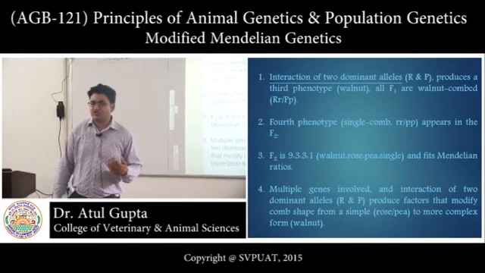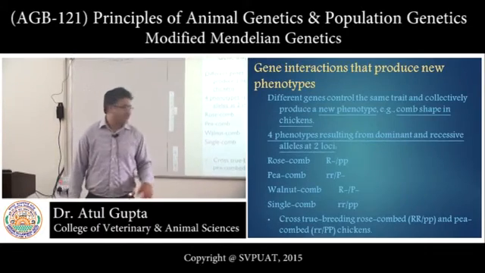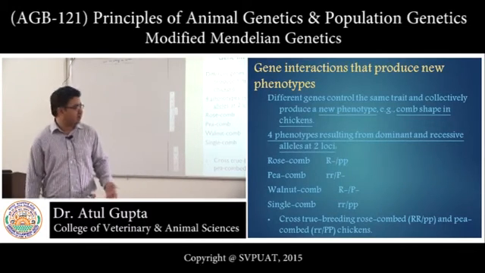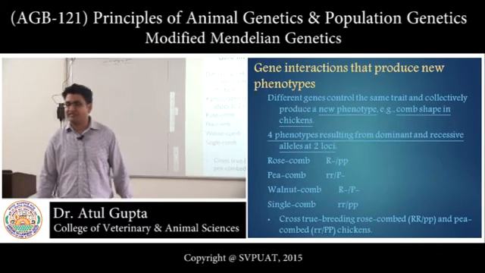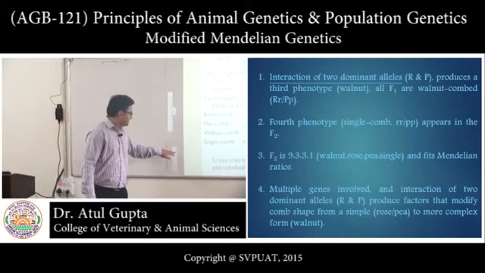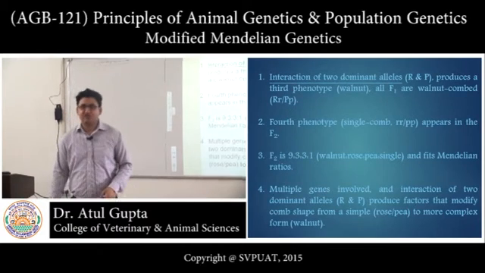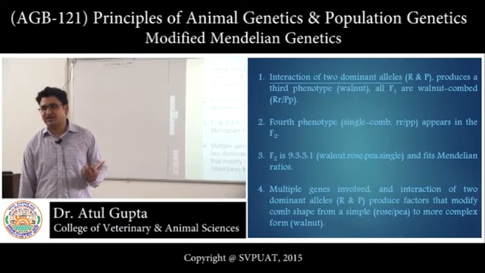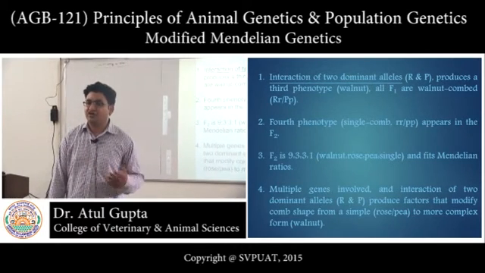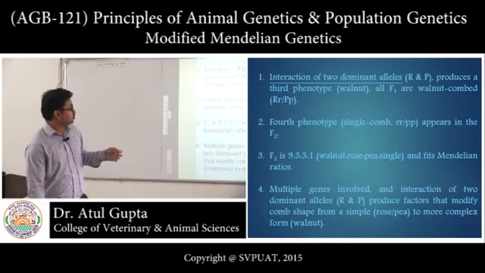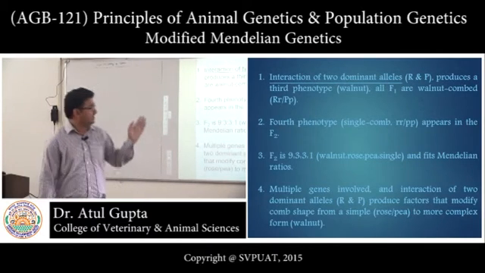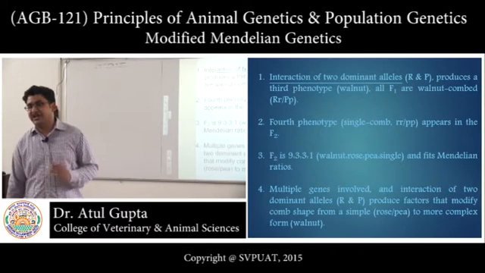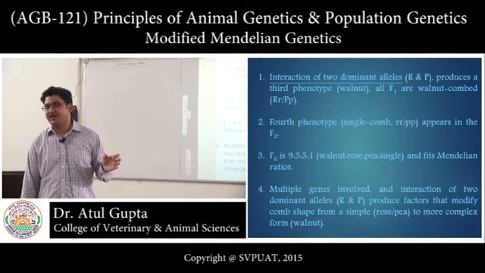So when we cross a rose combed male or female to a pea combed male or female, then in F1 we will have all walnut. Why are we getting all walnut instead of rose or pea comb? Because these alleles, R and P, interact with each other and produce a new phenotype, that is a walnut comb.